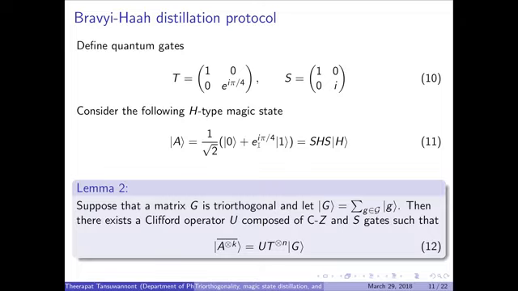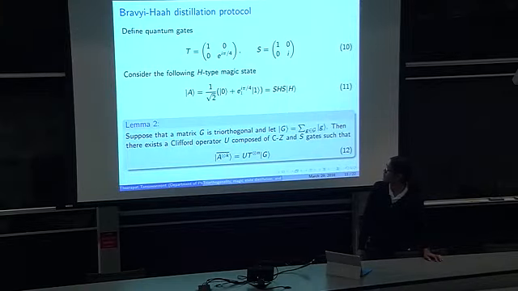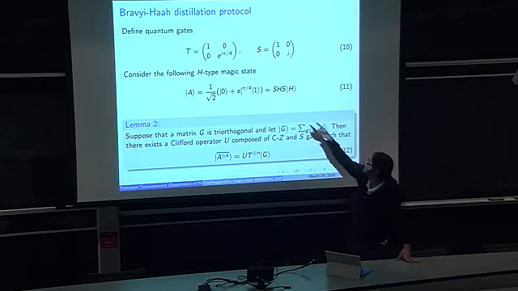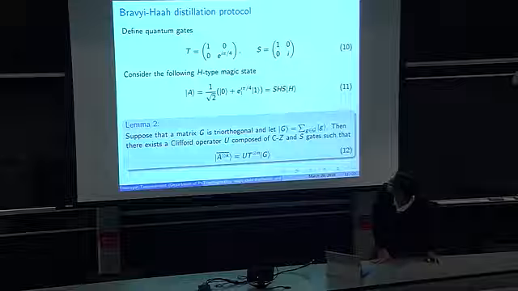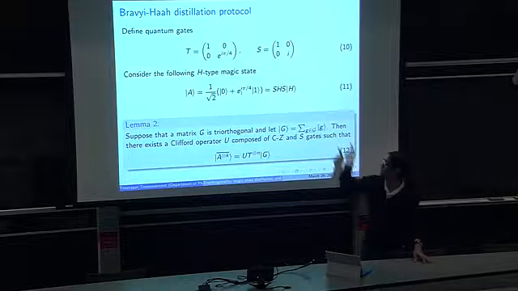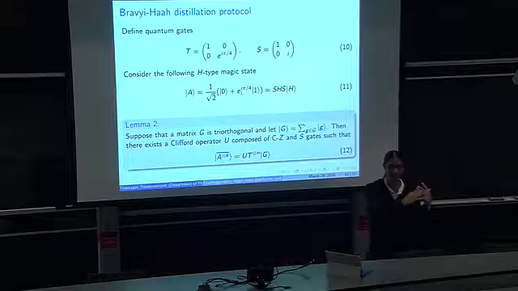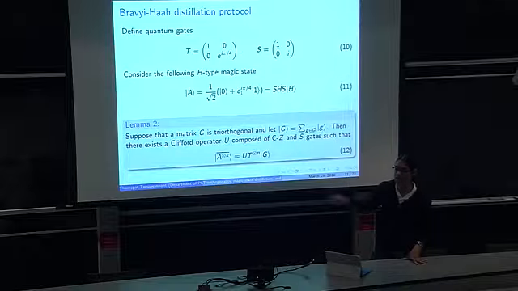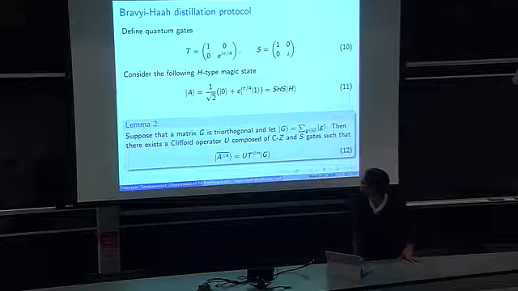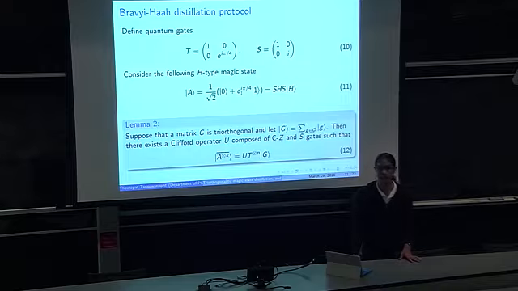In this distillation protocol, we would like to distill a magic state A, which is an H-type magic state. It can be written as S H S on state H like this. In this notation, the T gate, which is different from the T that I previously explained, is actually the R pi over 8 gate, and the S gate is the R pi over 4 gate. Okay, so we know that the S gate is in the Clifford group, but the T gate is not in this Clifford group.